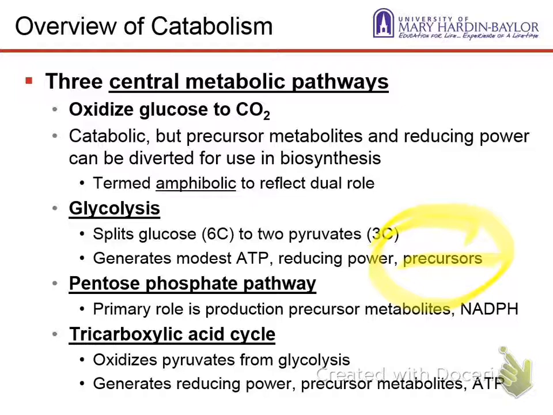If you're making proteins, the precursor metabolites are going to be the amino acids that are needed to string together for those proteins. If you're making lipids, then it's going to be the 2 carbon molecules that are stuck together to make the fatty acid chains of the lipids, or the glycerol that's needed for the backbone of those fatty acids.